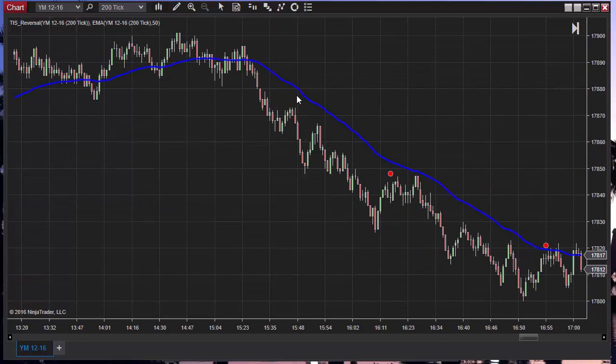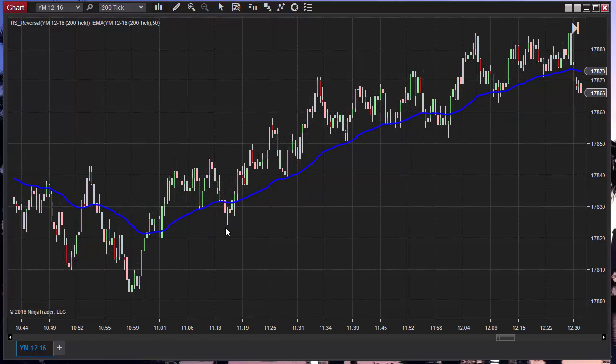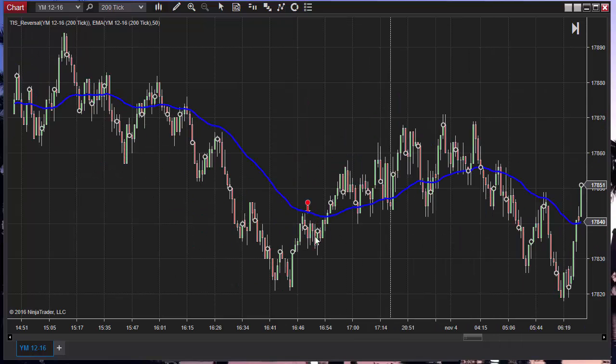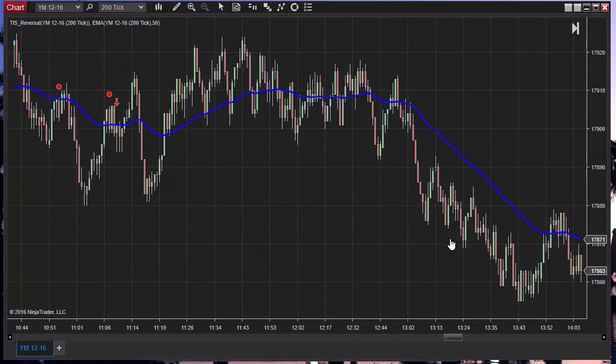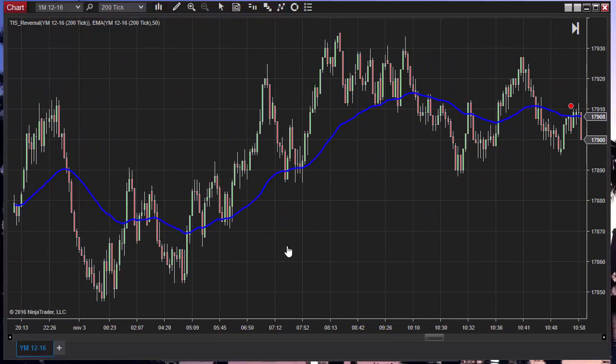Here we have two short signals because the slope of the moving average is to the downside. And on this uptrend we don't get any long signal, maybe because the stochastic was not in the overbought area. Here we have a short signal and another two short signals.